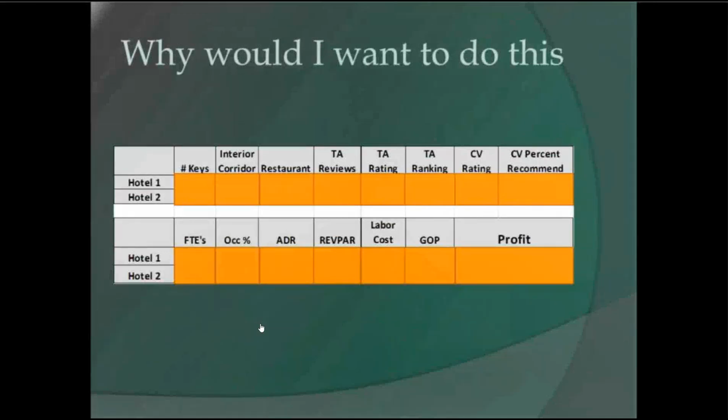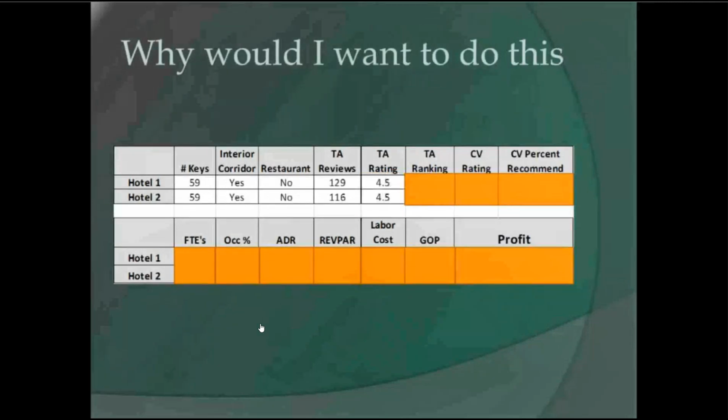Why would you want to do this? Here's the most compelling reason I can give you. This is actual data that I pulled out of Grow. There are two hotels, each with the same number of rooms. They both are interior corridor. Neither one has a restaurant. They both have around 120 TripAdvisor reviews. They both are 4.5s on TripAdvisor. One ranks in the top 30, one ranks in the top 25. On Choice Verified, one's a 4.7, one's a 4.8.